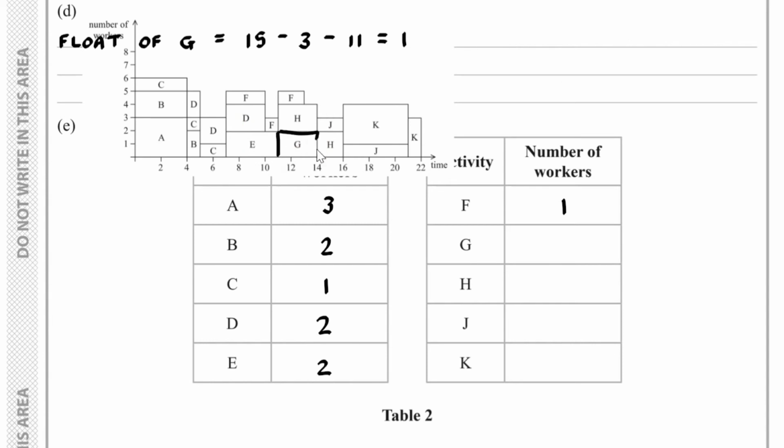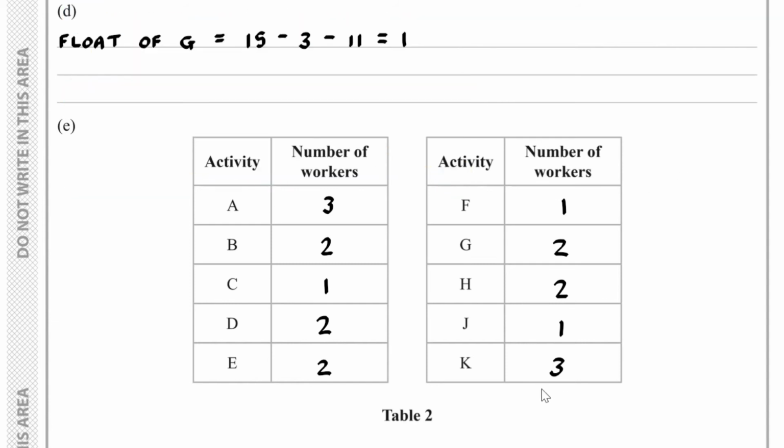G, that requires 2 workers. H, that requires 2 workers. J requires just 1 worker. And K, you can see that requires 3 workers. So here is the completed table.